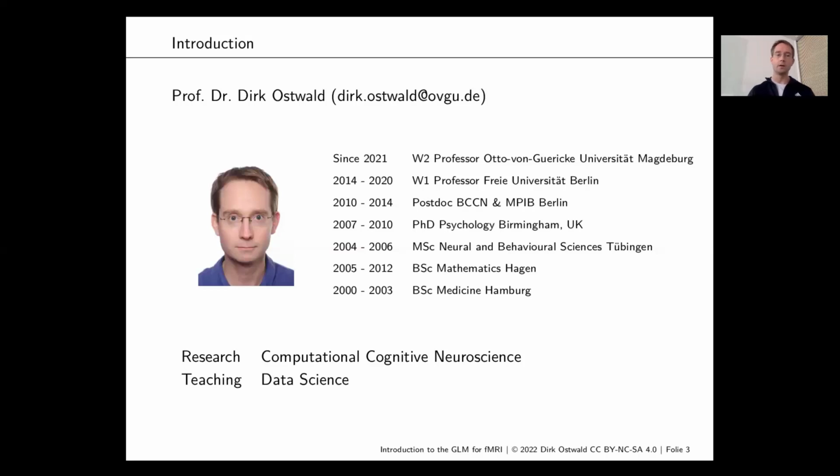In terms of research, I'm doing computational cognitive neuroscience. You might also know that under the label cognitive computational neuroscience, but I prefer the former. So we are doing behavioral modeling and neuroimaging data analysis modeling.